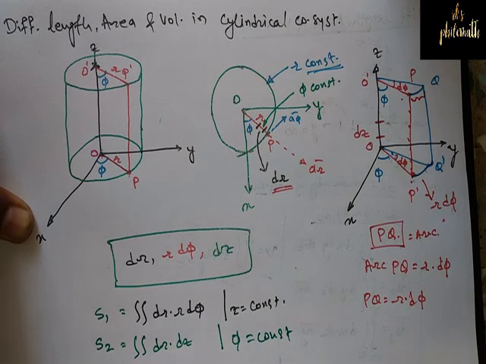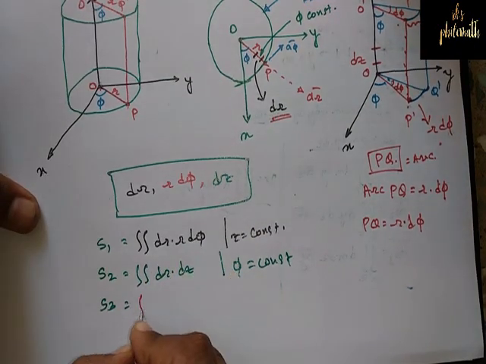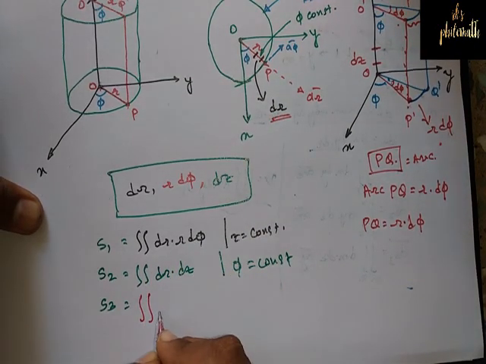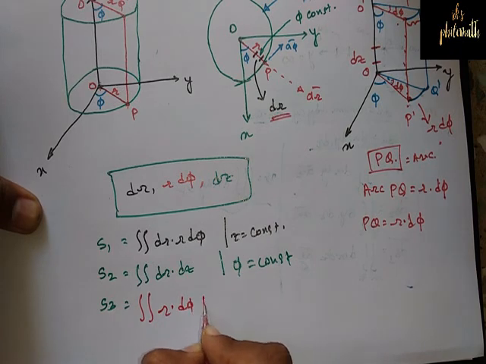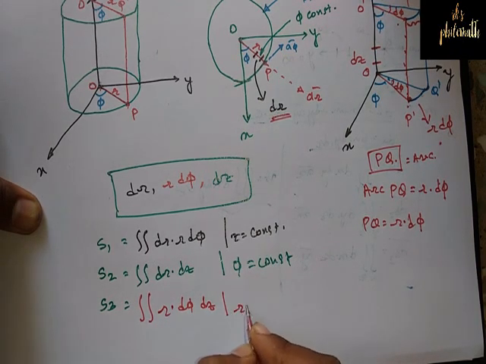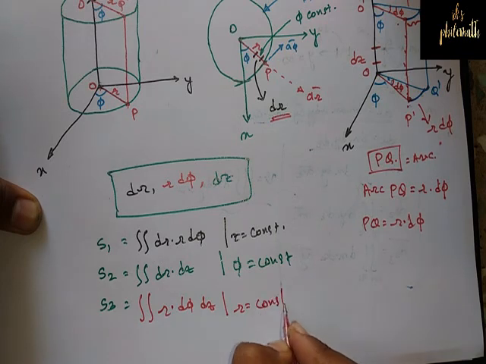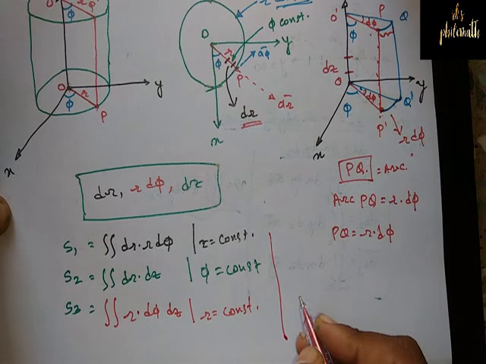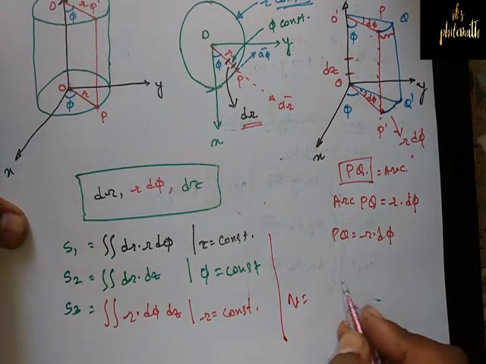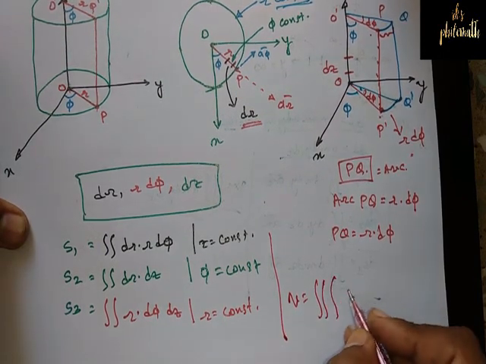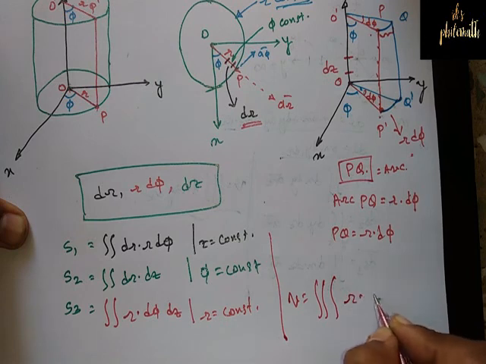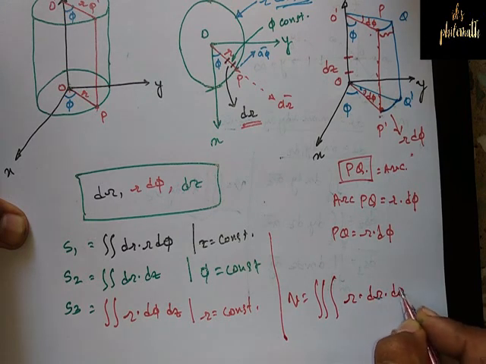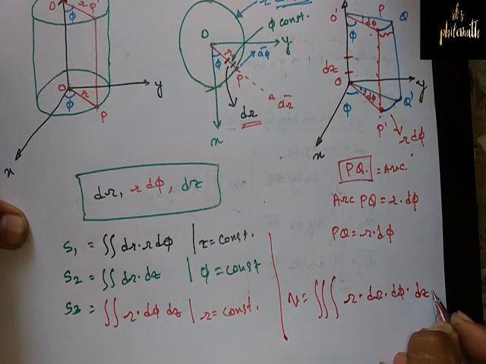And third, r d phi dz, where r is constant. Similarly, volume is equal to the triple integral of r dr d phi dz.